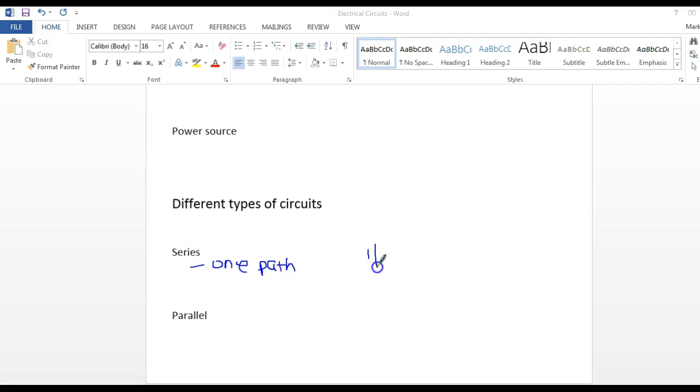So if you have a battery, it's kind of like a universal symbol for that. And you have a light bulb, and then you have a ground. Somehow that's connected to the battery as well. So we have a bulb here, or it could be anything really.